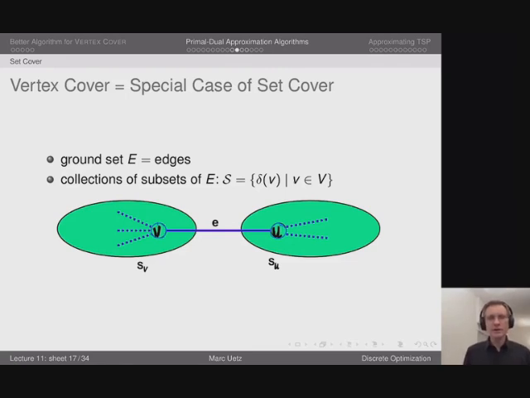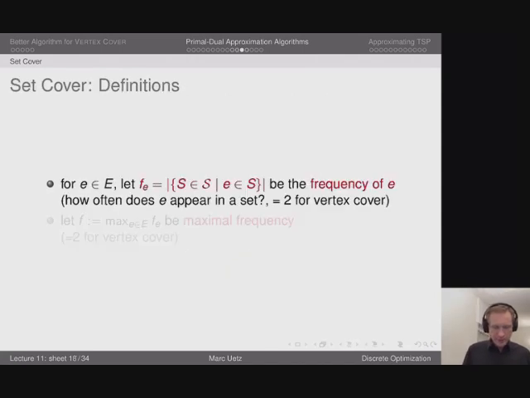And what I would like to do next is to apply this primal dual approach also to the set cover problem. In order to do that, we need one more definition. Well, a given element may appear in a couple of the subsets. So that means that I cover an element by choosing any of the subsets that it contains.